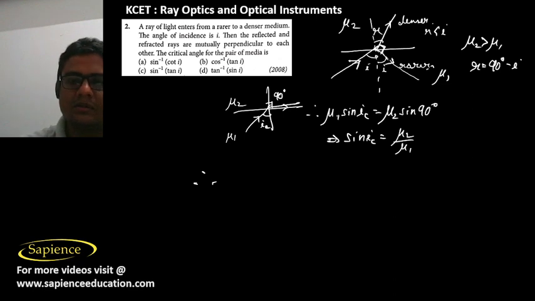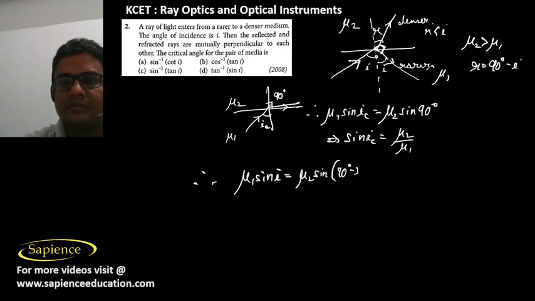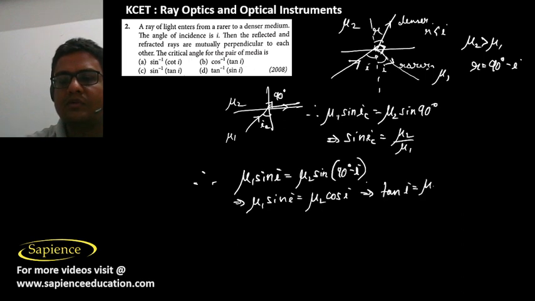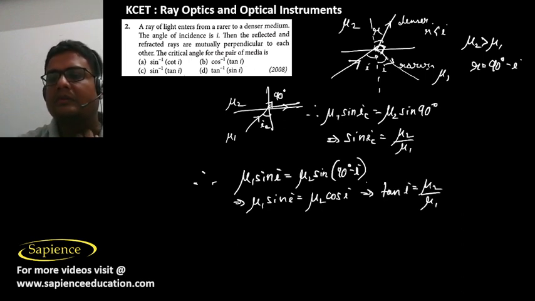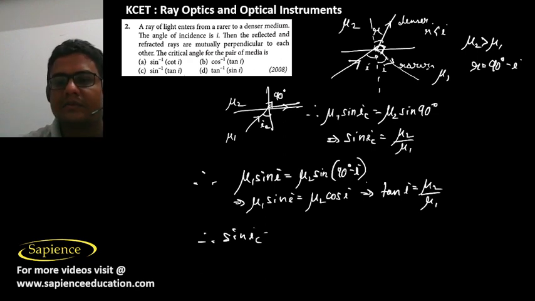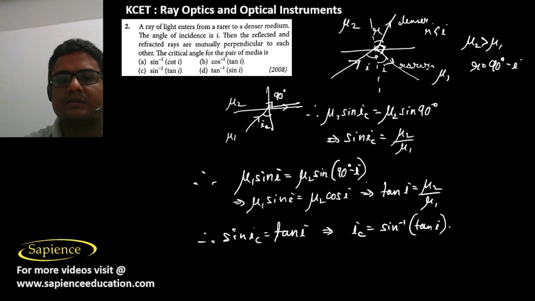If we apply Snell's law, mu1 sin I equals mu2 sin R, and R is 90 minus I. Therefore mu1 sin I equals mu2 cos I. So tan I equals mu2 by mu1. Therefore sin IC equals mu2 by mu1, which is tan I. So the critical angle IC will be sine inverse of tan I. Option C is the correct answer.